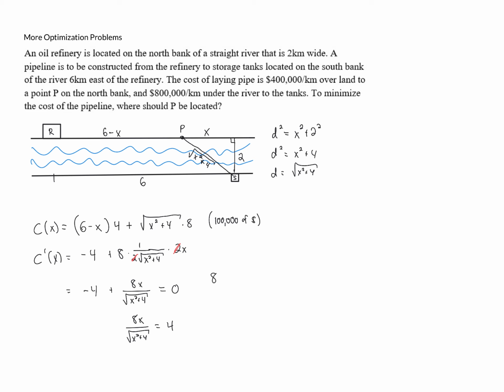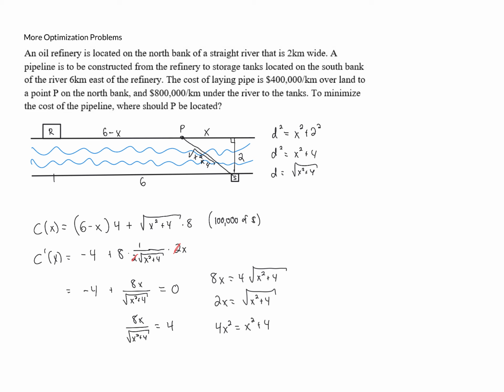So that's going to give us 8x equals 4 times the square root of x squared plus 4. If we divide both sides by 4, that gives us 2x equals the square root of x squared plus 4. And if we want to solve that, we can square both sides. That'll give us 4x squared equals x squared plus 4.